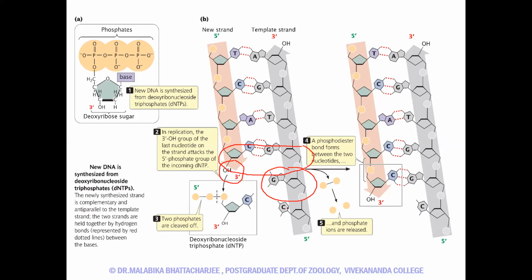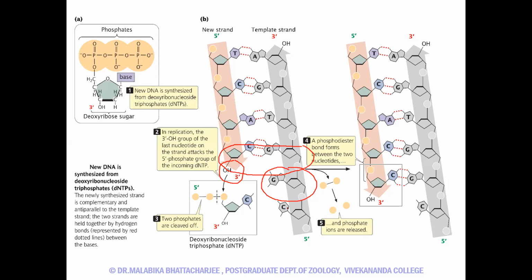So we have to keep in mind the importance of primer and template. The primer has an exposed 3' OH, which is used to break the bond between the alpha and beta, and thus helps in addition of nucleotides.